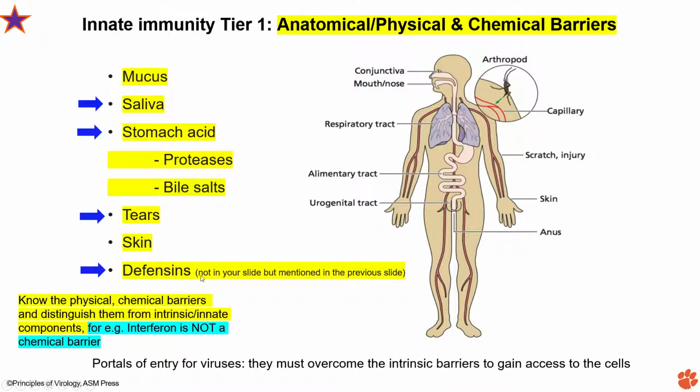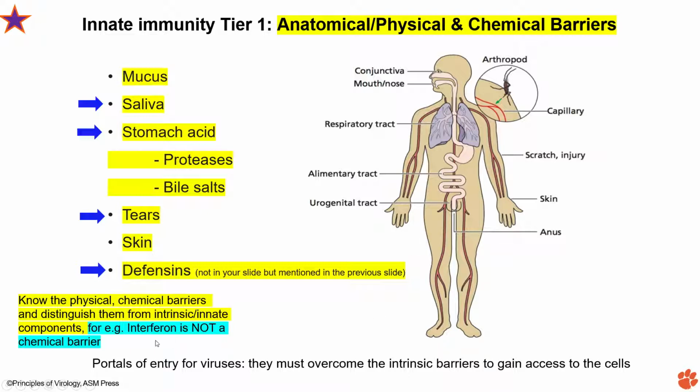are mentioned on your slide. So the defensin was not on this slide originally. That's what I mean, that I have added this one, but it is on the previous slide. So that's important. And say, for example, if we ask which of the following is not an anatomical, physical, or chemical barrier, and we give, say, interferon or microRNA or NK cell, that is not a part of this.